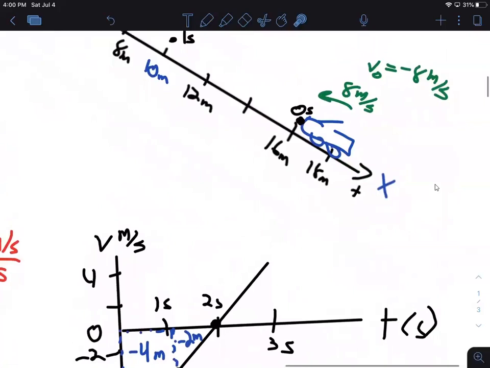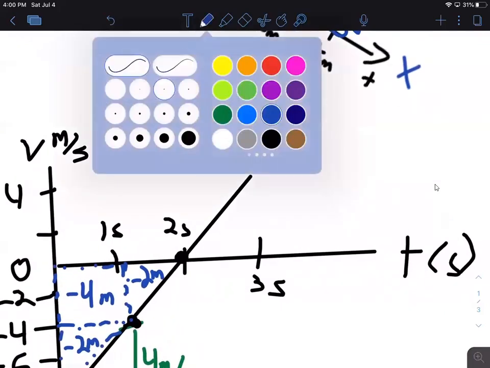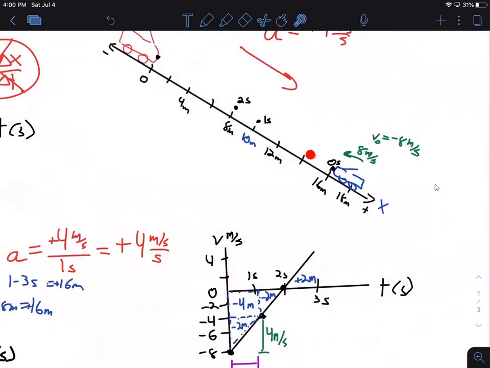All right, and then this last bit here, again, it turns out 1 second, 4 meters per second. This is going to be a positive 2 meters. So this object goes up, slowing down, slowing down, slowing down, slowing down. At that exact instant in time, at 2 seconds, it stopped.